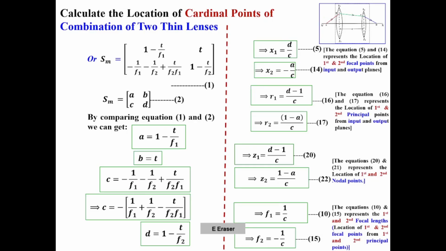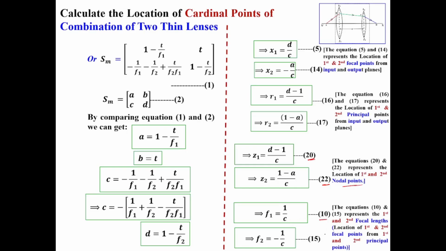These two expressions, x1 and x2, represent what? The first and second focal points from the input and output planes. R1 and R2 represent the first and second principal points from the input and output planes. And equations number 20 and 22 represent the location of nodal points from the input and output planes.